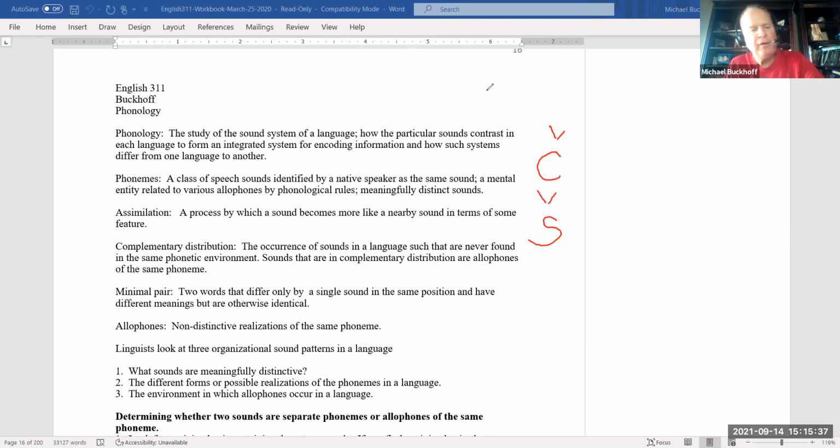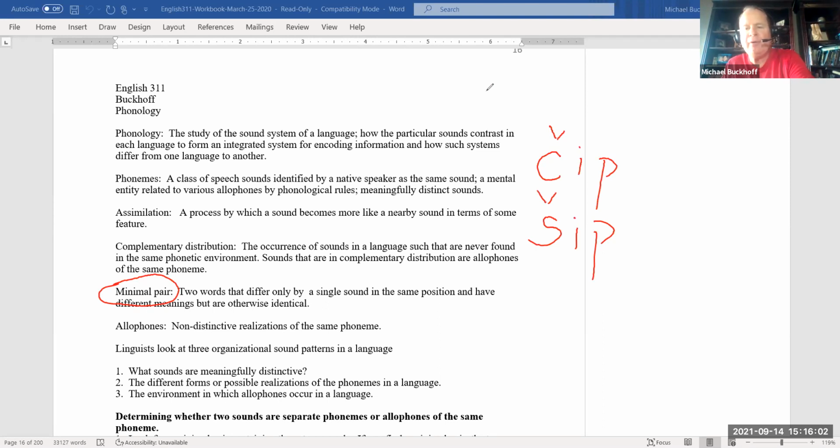Now, if you can create a minimal pair, the answer is yes, they are. So a minimal pair means two words that differ only by a single sound in the same position and have different meanings, but are otherwise identical. Do you see how I can create a minimal pair here?